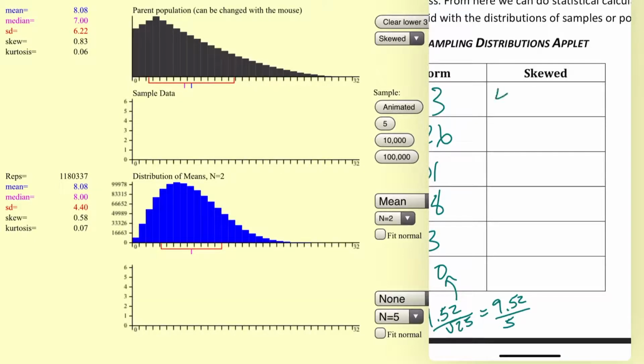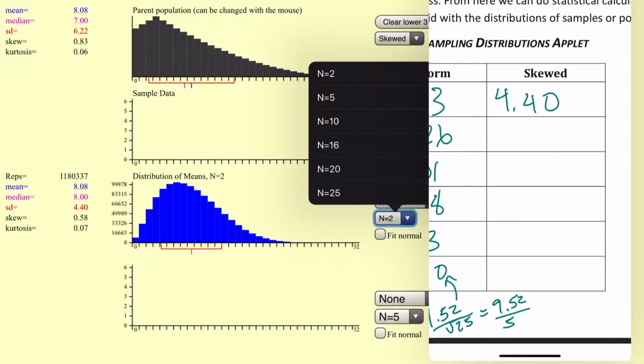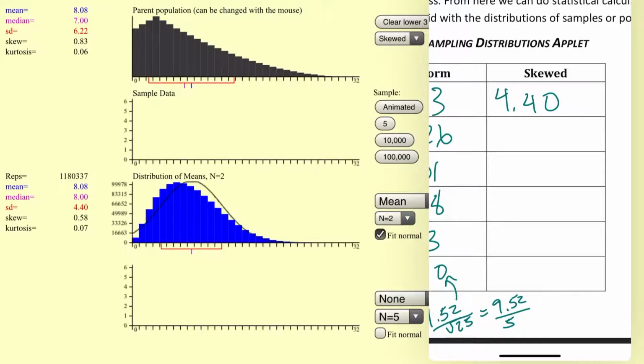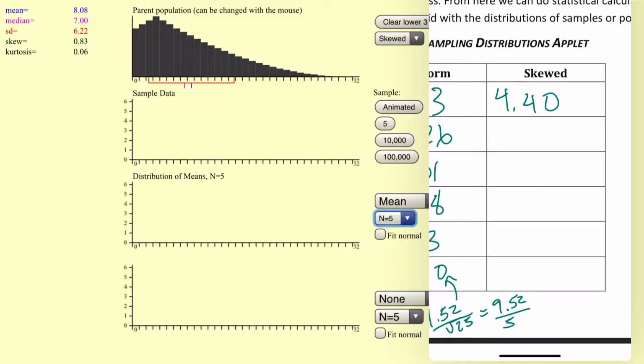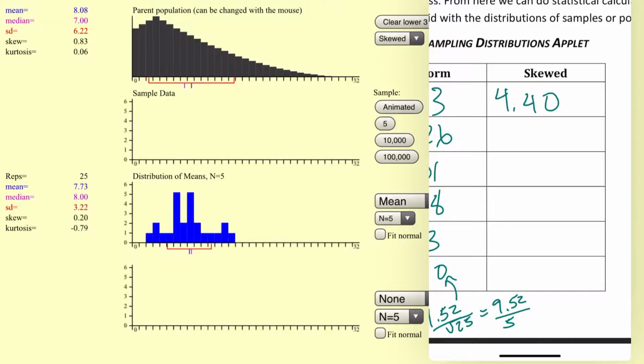And our standard deviation here is 4.40. Which if I take 6.22 divided by square root of 2, I would get that 4.40. And also notably not normal. Here if I try to fit a normal curve, does not fit well at all. Let's move up to sample size 5. All right, let me just jump by 5s. Already much skinnier.